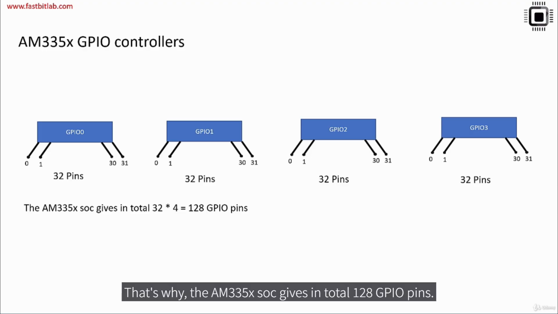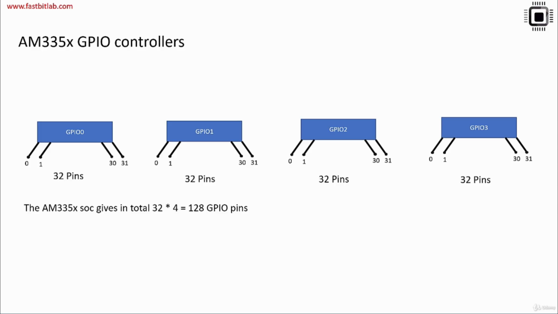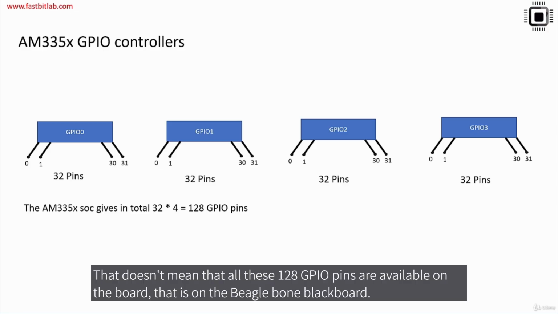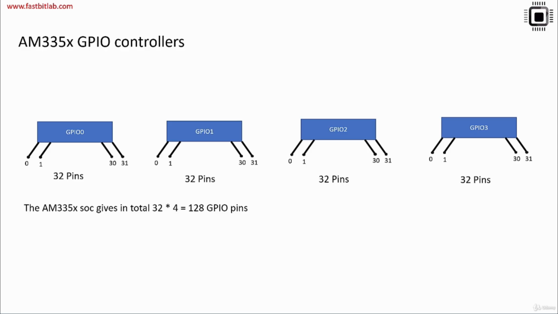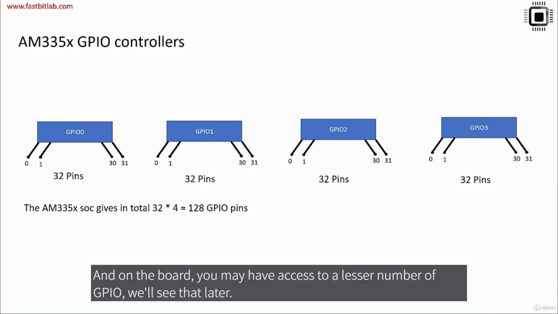That's why the AM335X SoC gives in total 128 GPIO pins. That doesn't mean that all these 128 GPIO pins are available on the BeagleBone Black board. This is what the SoC offers, and on the board, you may have access to a lesser number of GPIOs.